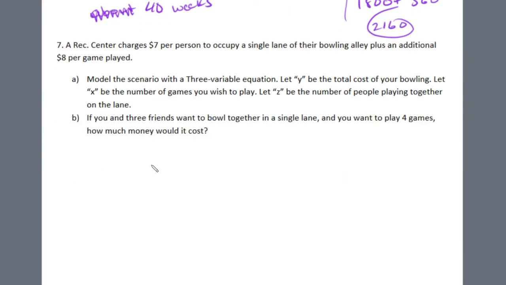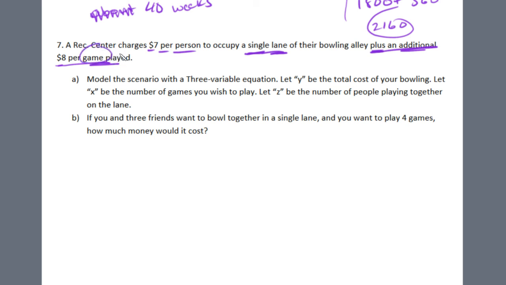A rec center charges $7 per person to occupy a single lane of their bowling alley, plus an additional $8 per game played. Okay, so a single lane costs $7 per person plus an additional $8 per game played.